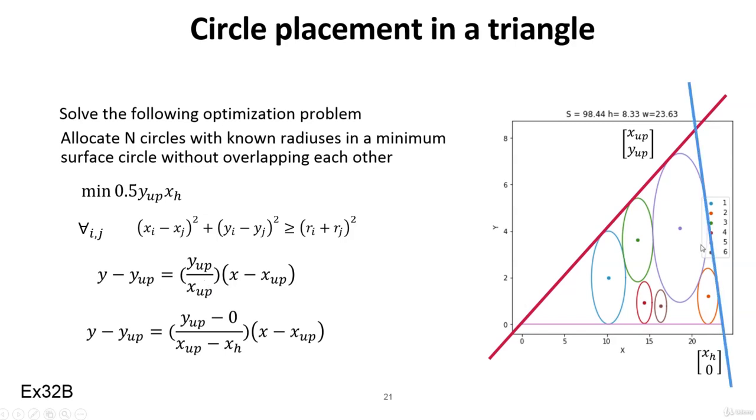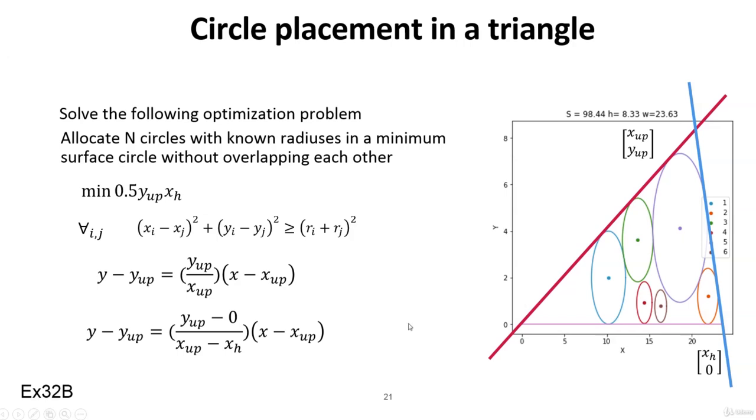And also we have another line, the blue one. That blue line is passing through this point, xh 0 and x up and y up. So the relation between these parameters are given here.